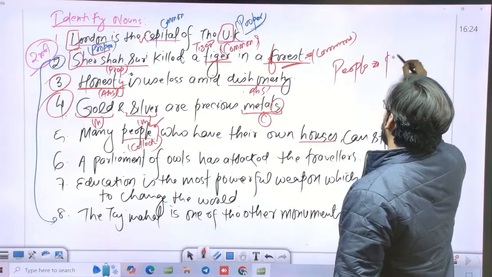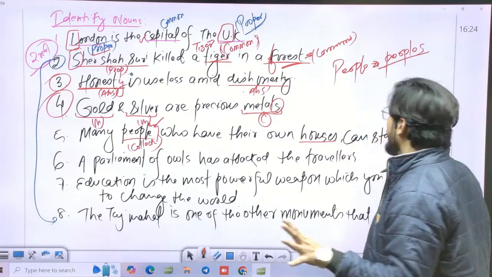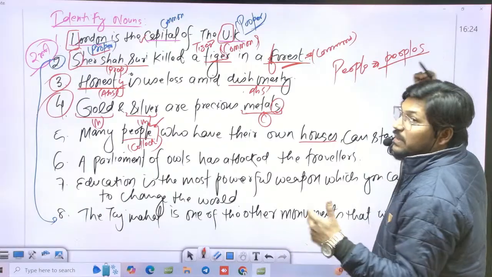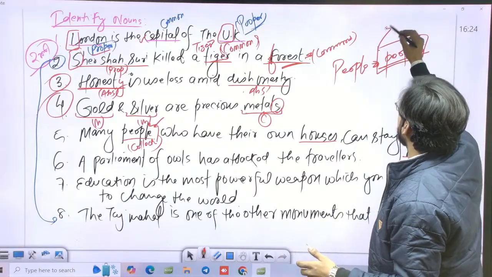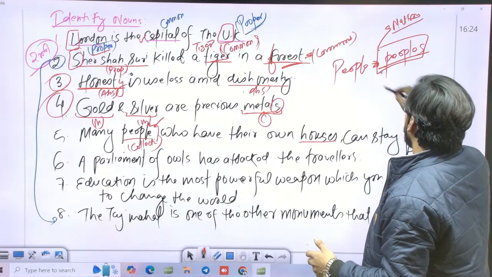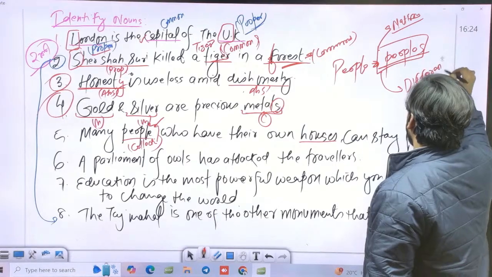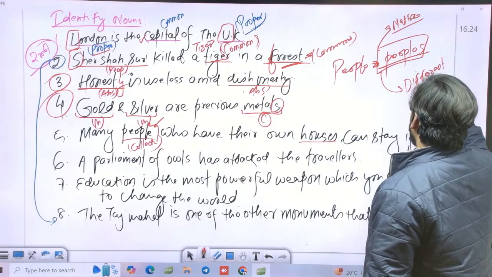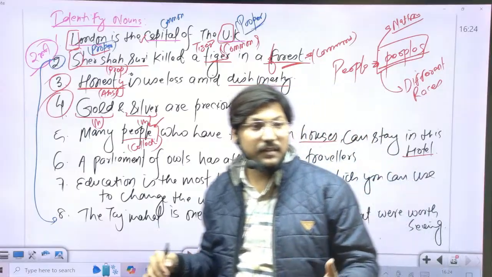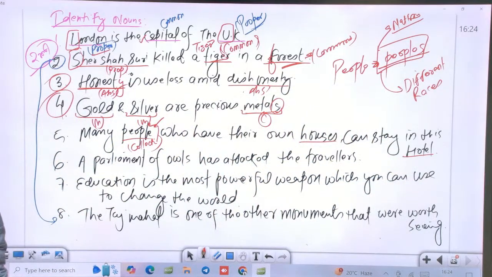But yes, there is a plural of people. People becomes peoples, then it becomes your common noun. The meaning of peoples is nations, or different races. So people can be used as peoples.